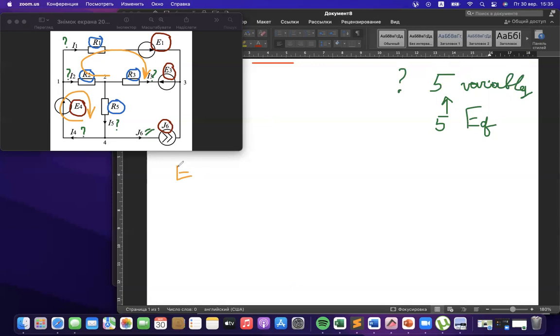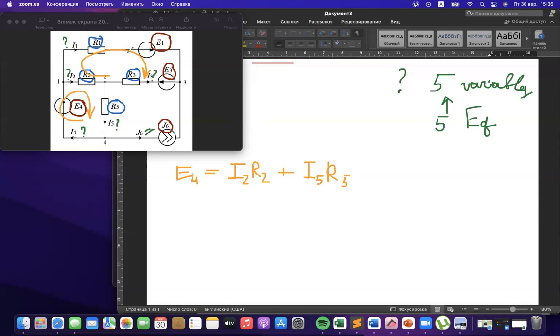It will be sources, E4, equal consumers. Consumers, two resistors: I2 on R2 plus I5 on R5. It will be equation number 1.